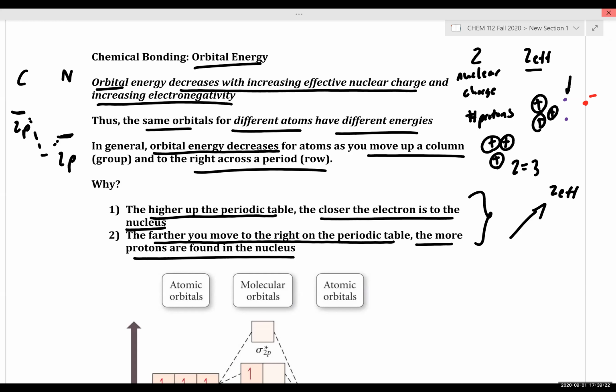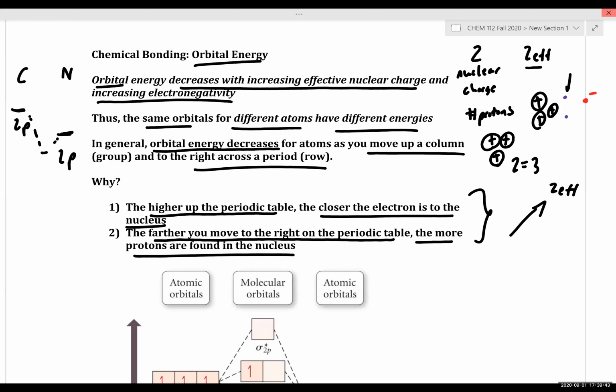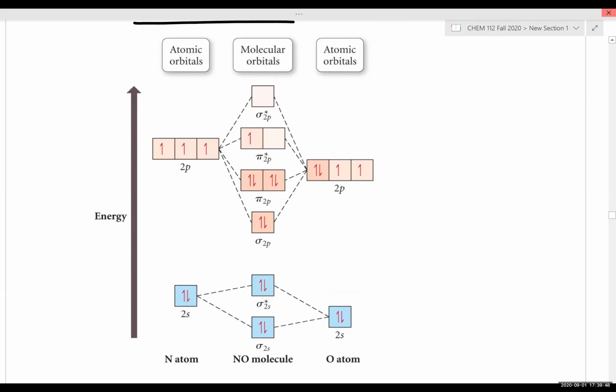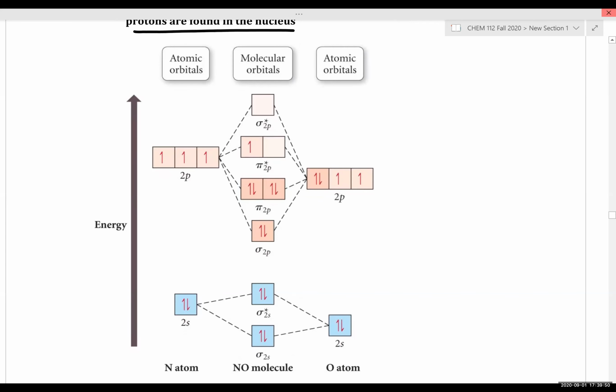As a result, our outermost electron for a larger orbital experiences overall less of our nuclear charge. Does that make sense? Does that tie back to a concept that we've seen before? Yeah. Perfect.